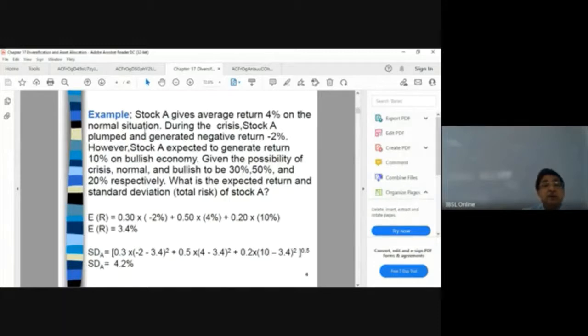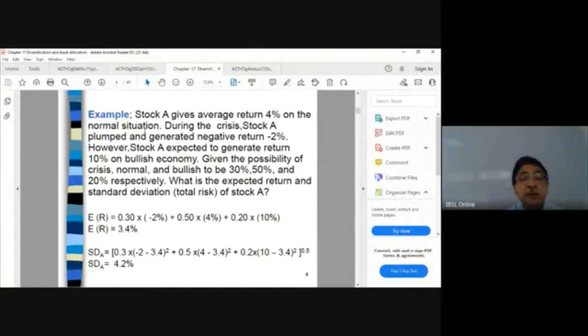Right. Stock A is expected to generate return 10% on bullish economy. Now you know what a bullish economy is. I think everything is booming and prices are going up, the stock prices are going up. In such a situation, we call it a bullish market or bullish economy. And given the possibility of crisis, normal and bullish, the possibilities are also given here.